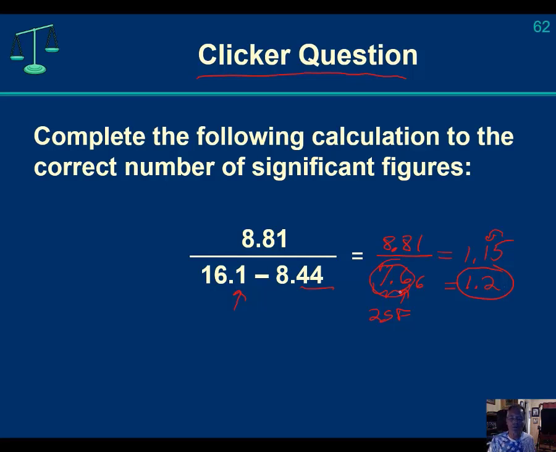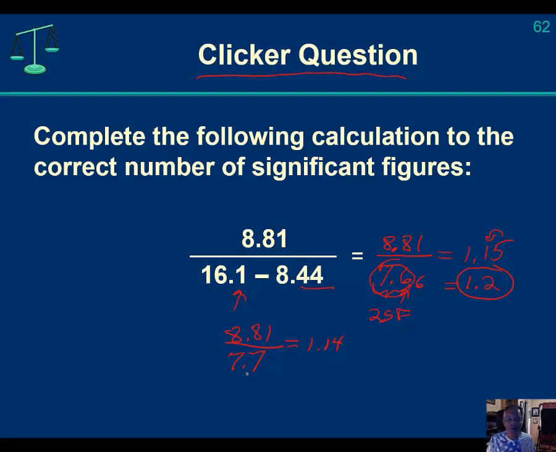Well, what if I had prematurely rounded? Let's say I had taken my 8.81 and divided by the denominator rounded to 7.7. If I round to 7.7, I now get a different answer of 1.14.